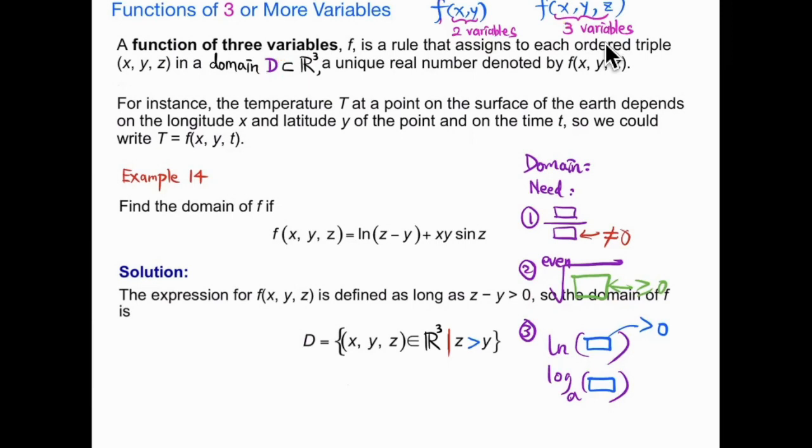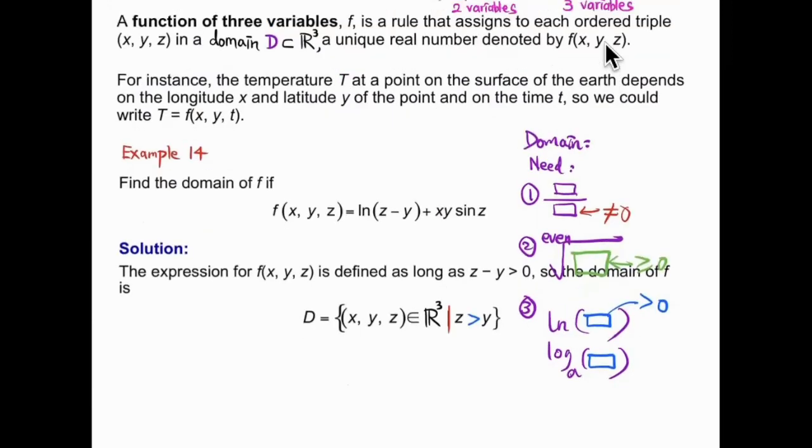And then what does this function do? It takes every x, y, z in this domain and assigns a unique real number, and that unique real number is the function value f of x, y, z.